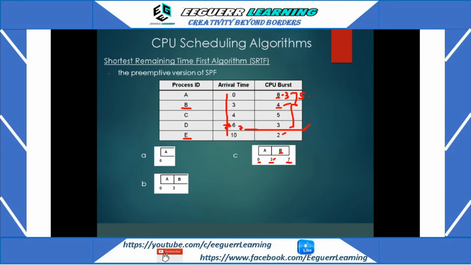Then we can check and compare which is the smallest value.